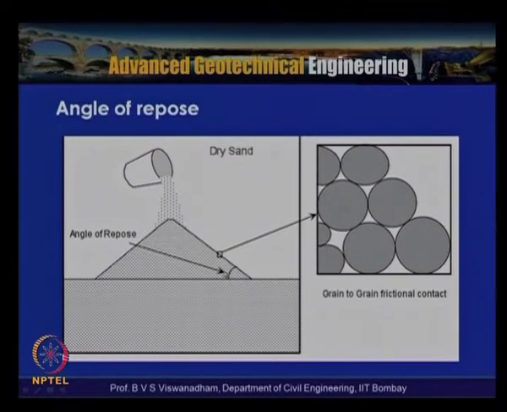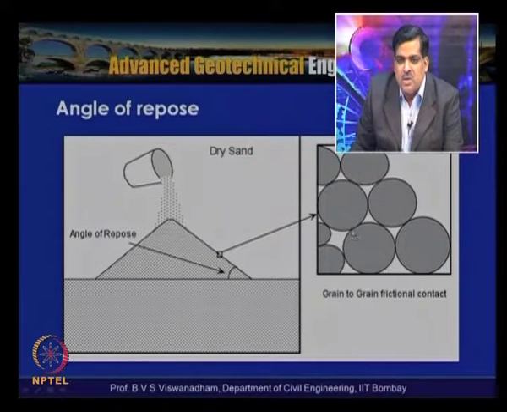If you look at a micro picture, you have grain to grain contact between these two places. In a magnified view, the grain to grain frictional contact ensures the maximum steepest subtended angle, which we call the angle of repose.